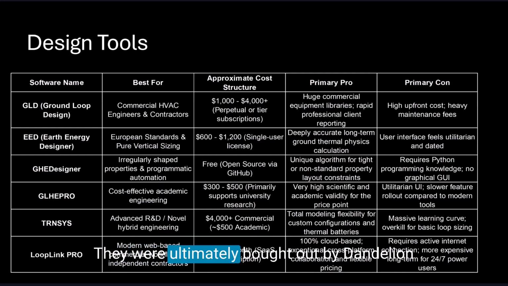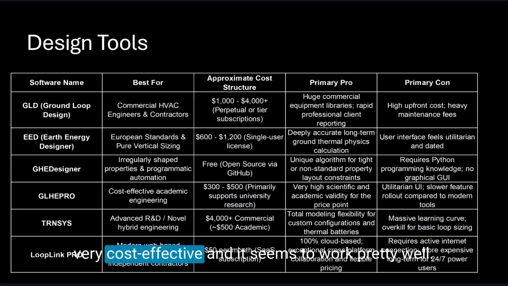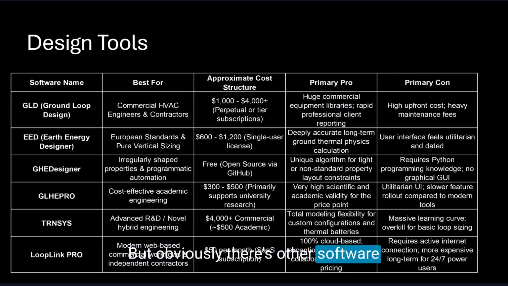They were ultimately bought out by Dandelion. Dandelion still has the software in their bailiwick, but I find it very cost effective and it seems to work pretty well. But obviously, there are other softwares out there that have their pros and cons.